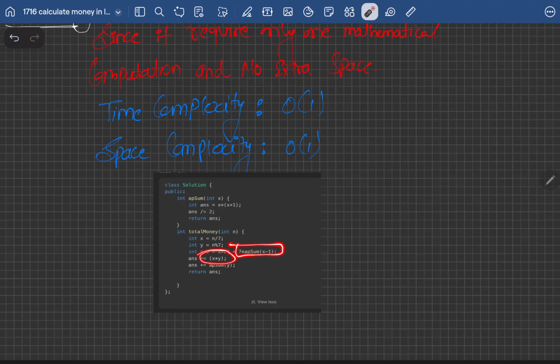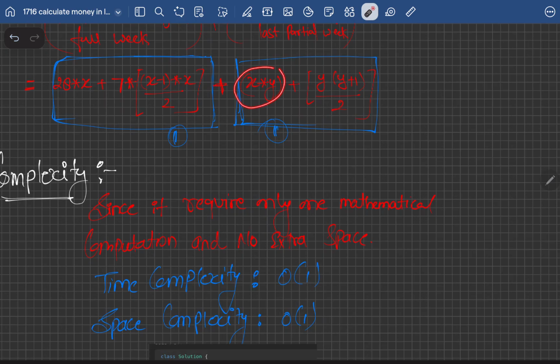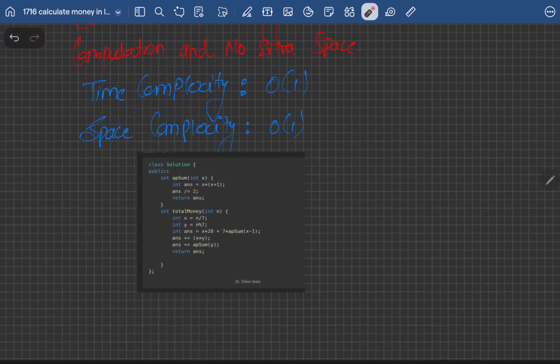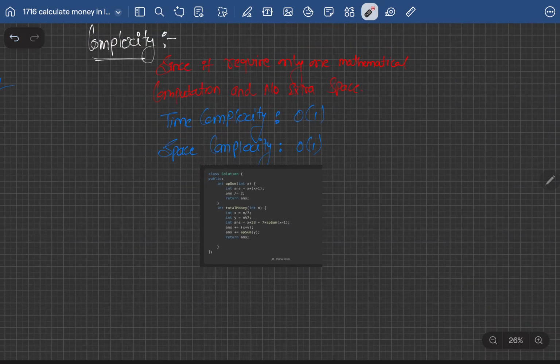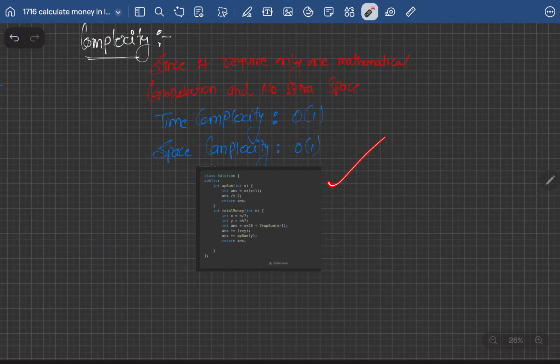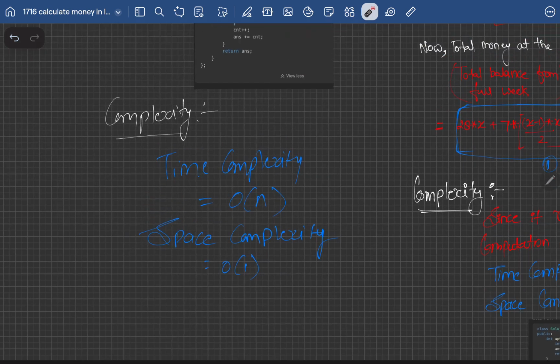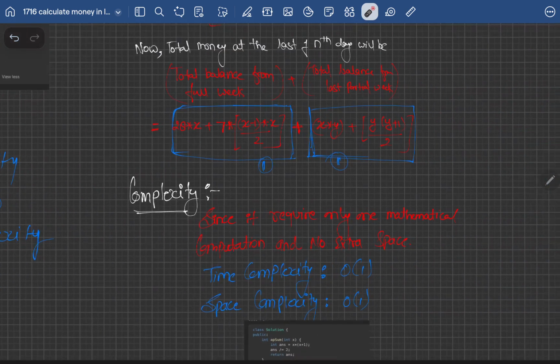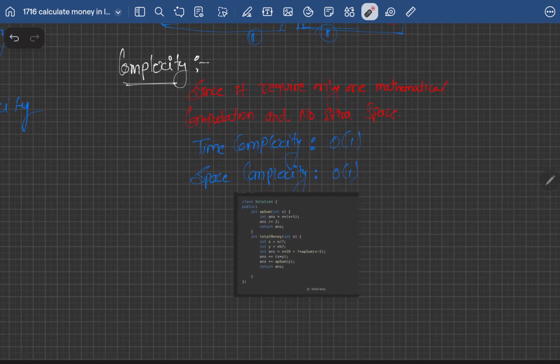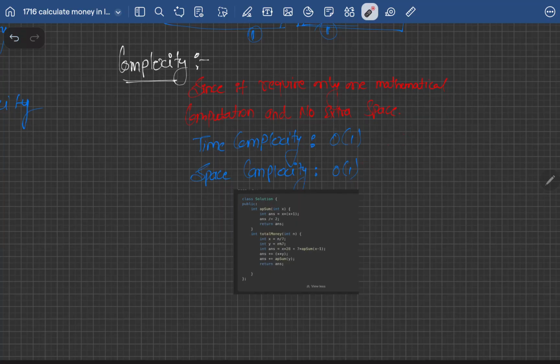To that answer I added x into y, and then again the sum of the progression series of y, and that is the answer. I believe this is the optimal approach. In the interview, first tell them the basic approach, and the follow-up question will be, can you optimize it? Then this will be the good option.